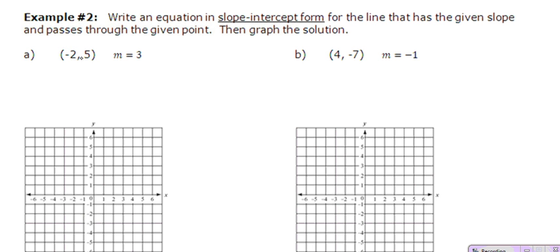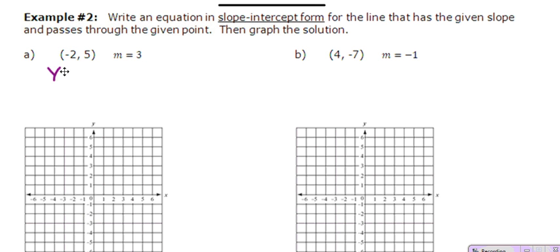So if I look over here, this one, again, I have a point and a slope. Even though it asks for my line in slope intercept form, I can't write it in slope intercept form because I don't have a slope and an intercept. I have a slope and a point. So I have to start out by writing it in point slope form.